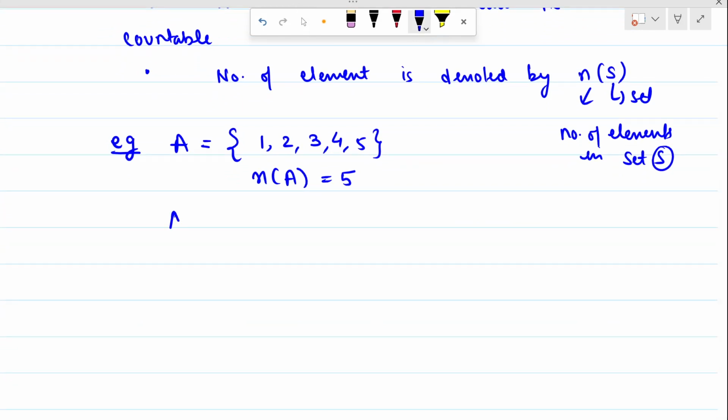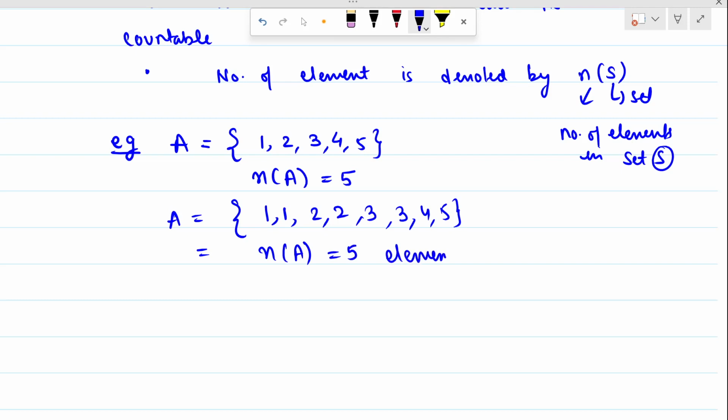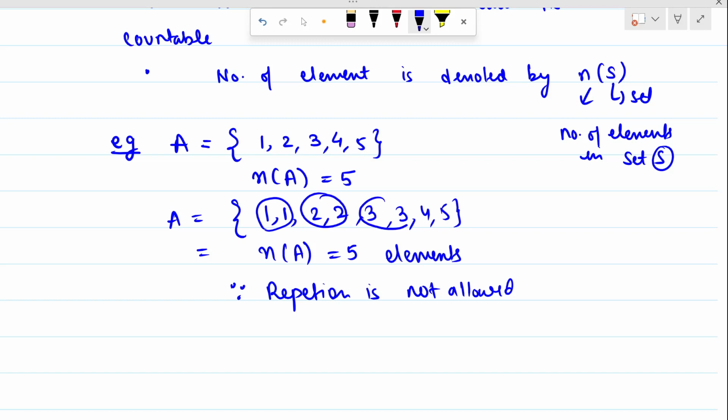Similarly, if A is 1, 1, 2, 2, 3, 3, 4, 5, then n(A) is 5 elements, because repetition is not allowed. 1 is repeated, 2 is repeated 2 times, 3 is repeated 2 times. We take these elements only once.